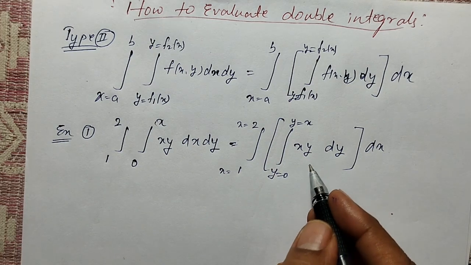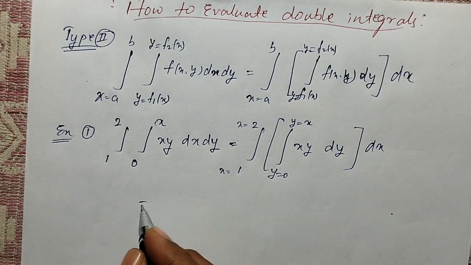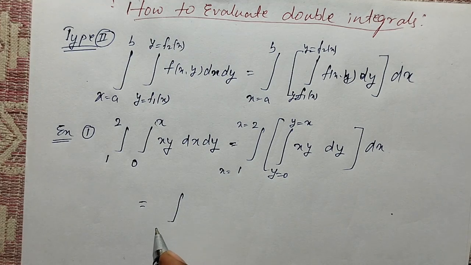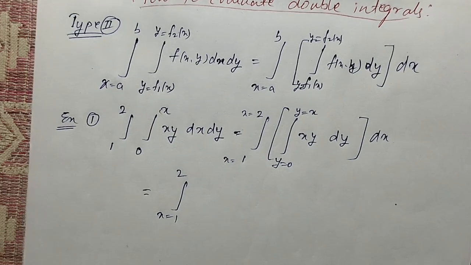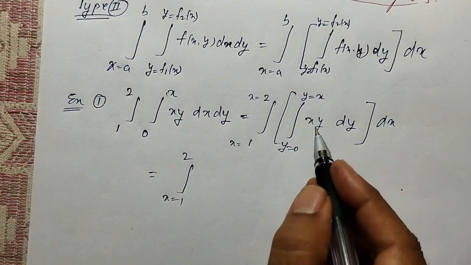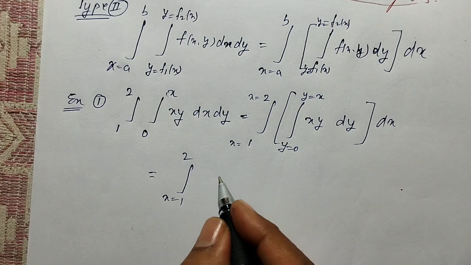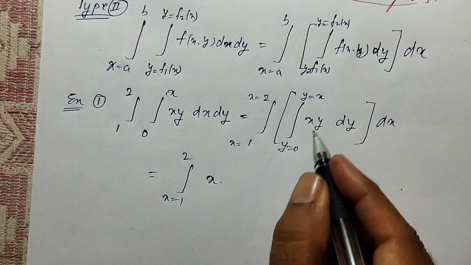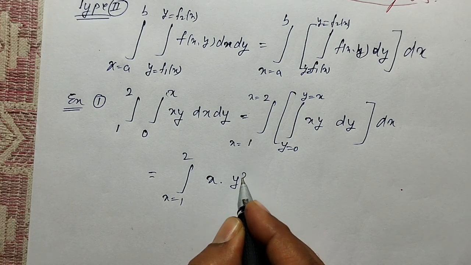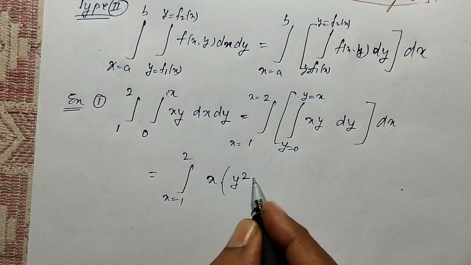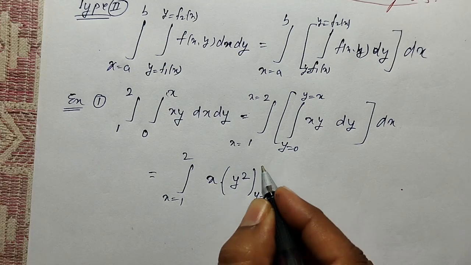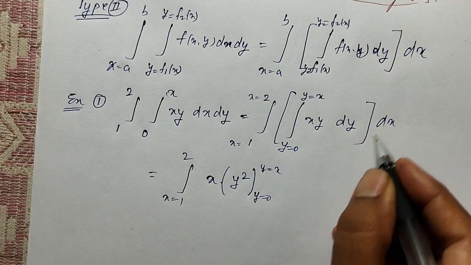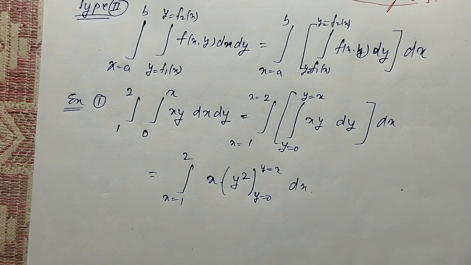Now, while integrating this, I keep the integration from x equal to 1 to 2 as it is, and integrate xy with respect to y. x is constant, the integration of y is y square over 2, between the limits y equal to 0 to y equal to x, and this dx I will keep as it is.